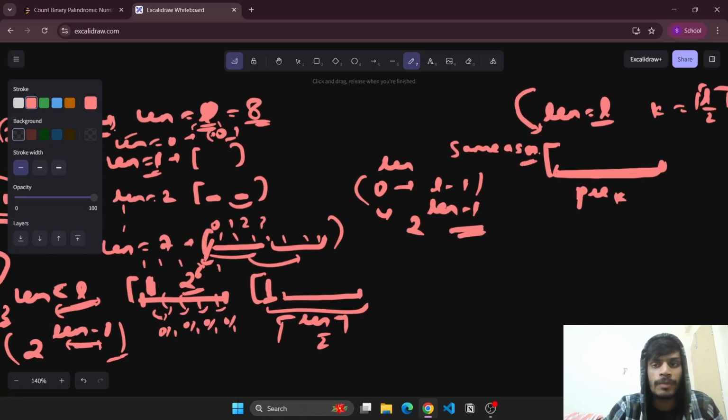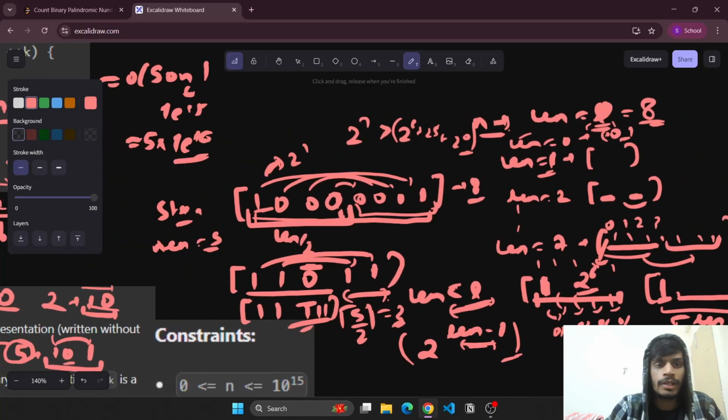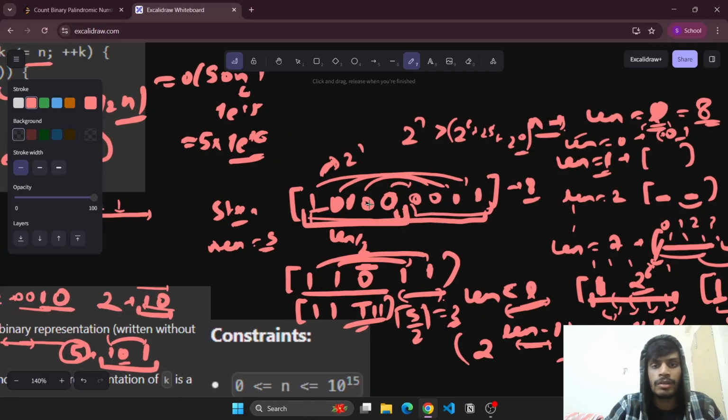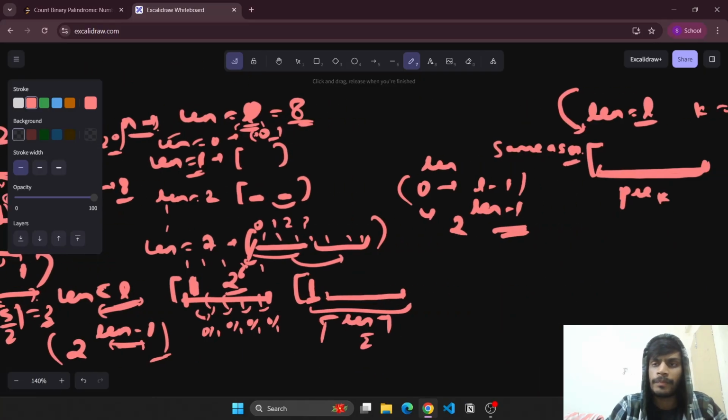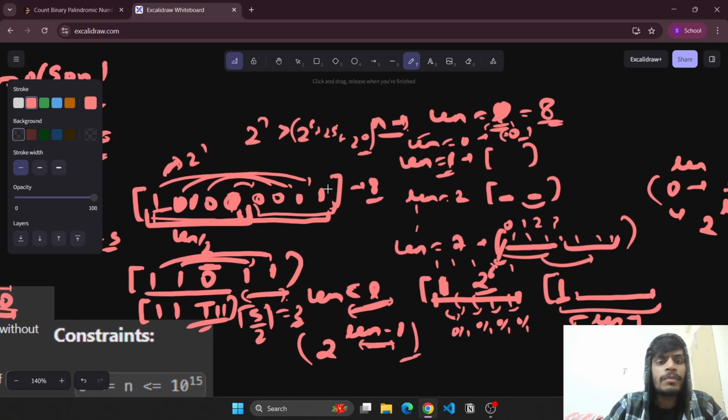Suppose it was 1 0 0 0 here, or suppose it had been 1 1 0 1. Then we'll keep it the same as 1 1 0 1. Now if we keep it the same and then try to mirror it, we may get the value 1 0 1 1, and we see this value may become greater than the n we have.